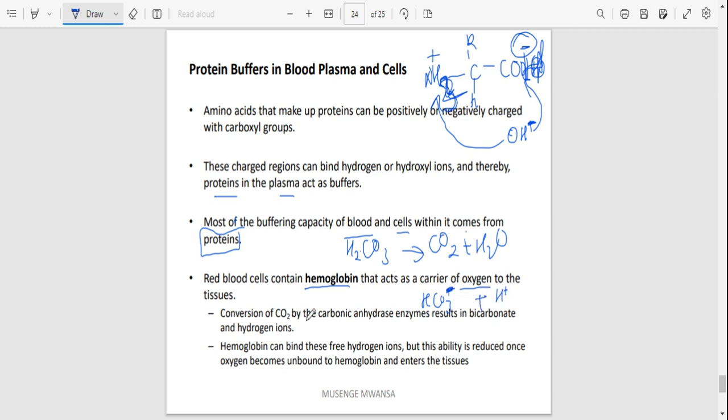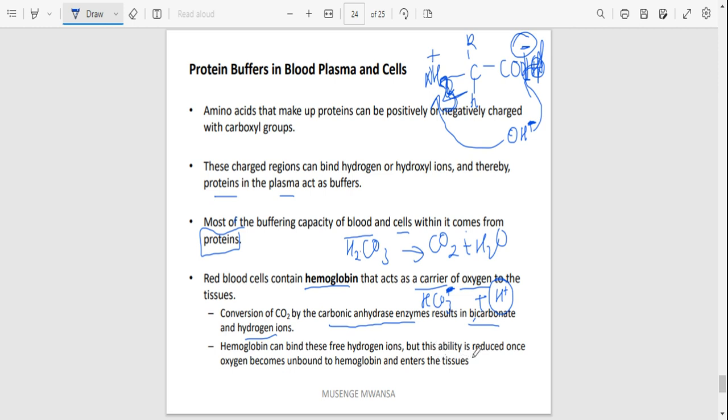The conversion of carbon dioxide to carbonic acid is done by the carbonic anhydrase enzyme, which is going to form the bicarbonate you're able to see here and also the hydrogen ion. So hemoglobin is able to bind the hydrogen ion that has been formed by the action of carbonic anhydrase.